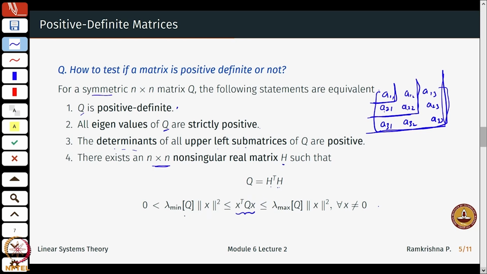So, this will be lower bounded by lambda min of Q times the norm of x squared and upper bounded by lambda max of Q. So, this is the minimum eigenvalue, and this is the maximum eigenvalue of Q. Okay. This should again be easy to verify, and I will not do the proof of this. So this is what we will use in our stability proofs.